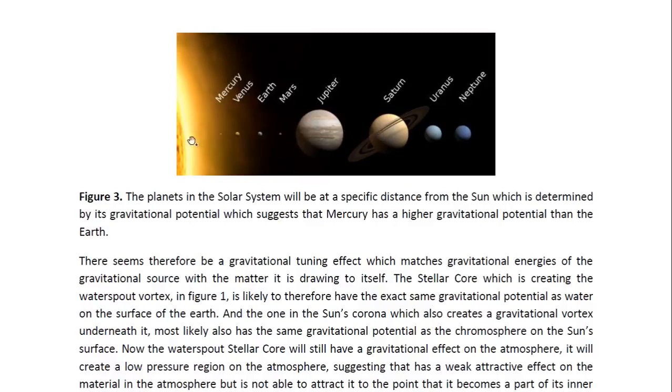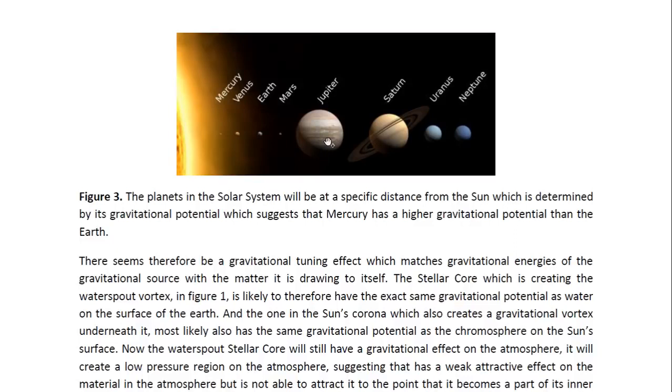So the planets, therefore, are at the appropriate distance from the center of the Sun, depending on their gravitational potential. And remember, gravitational potential is energy per unit mass. So even though they may have more mass, like Jupiter does, than the rest of the planets, it does not mean that it has a higher gravitational potential.